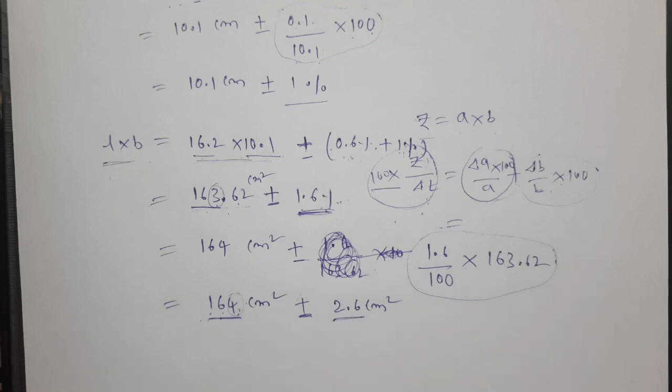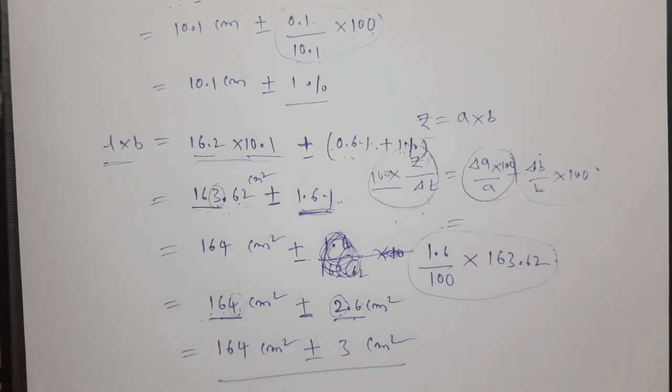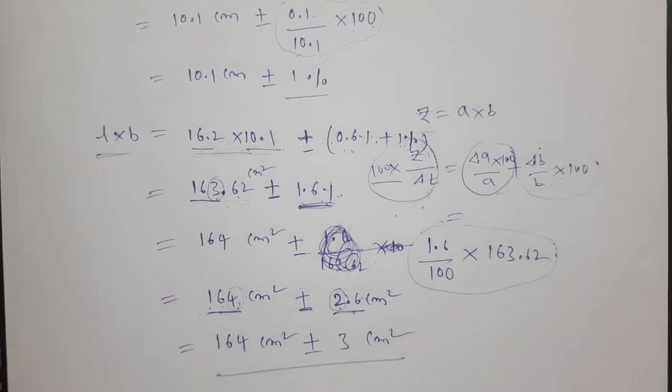It is already 2.6, so we have to round it off. After the first significant figure we have 2, and the next digit is more than 5, so we have to add 1 to it. Then the final result is 164 centimeter square plus or minus 3 centimeter square. So this is the way we have to do arithmetic operations with uncertain digits.